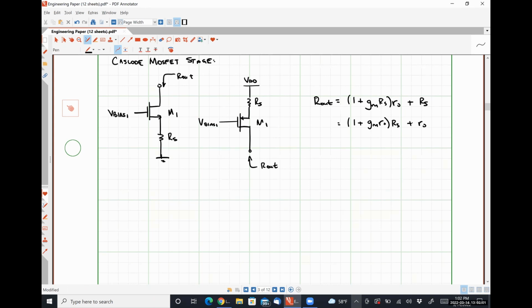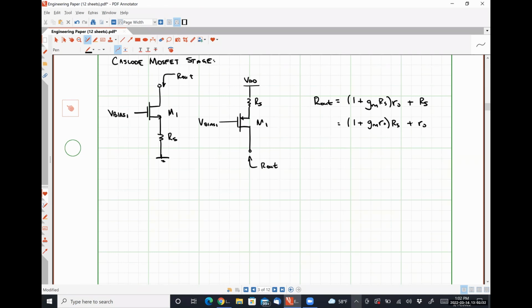Those two relationships are interchangeable. Okay. So obviously, we look at this bottom guy right here, we can see that degenerating our current source with a fixed value resistance RS increases the output resistance by a factor of 1 plus gm R naught times the RS that we choose to degenerate them, right?